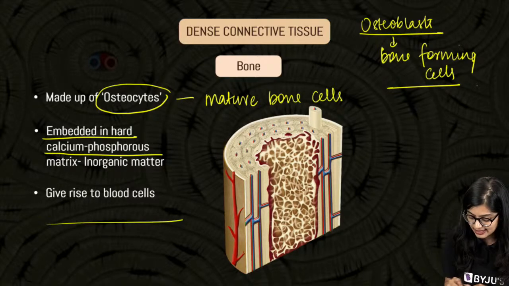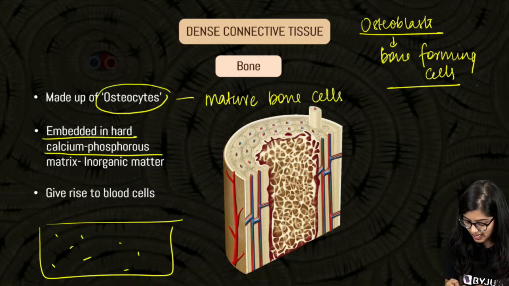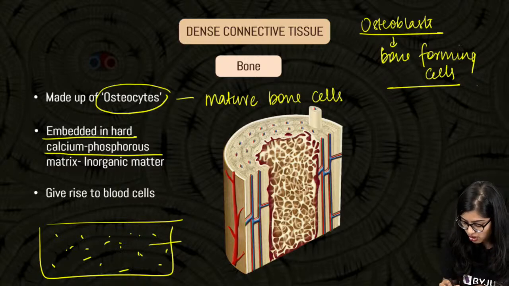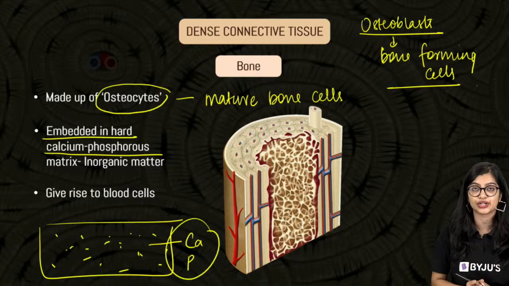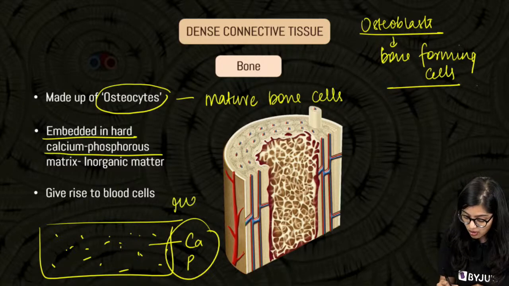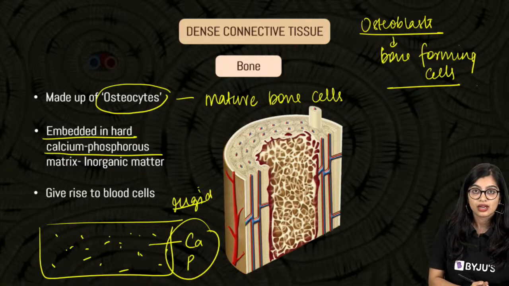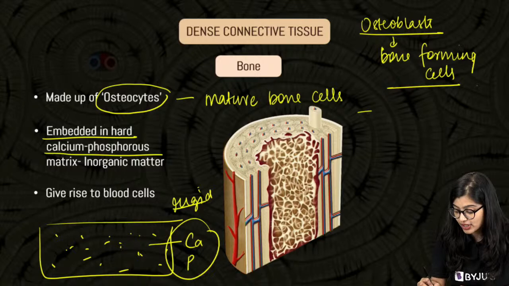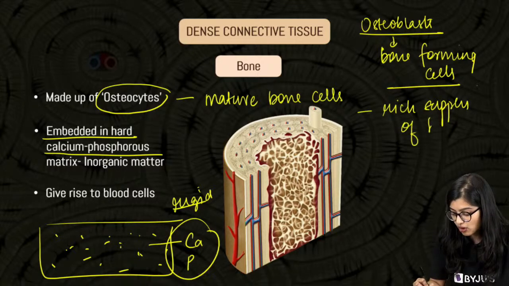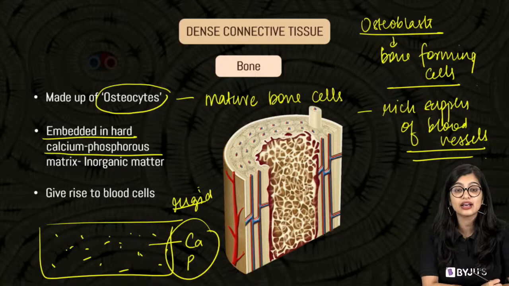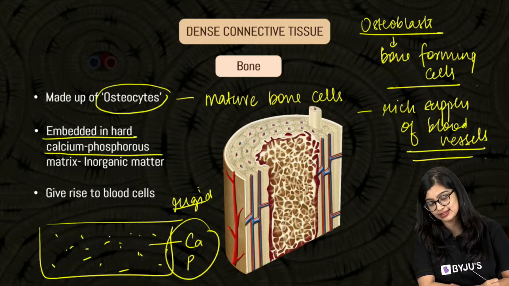So the matrix, if this is my matrix, will have a lot of depositions of calcium and phosphorus. And that is what makes things rigid. Now along with this, they also have a rich supply of blood vessels, right? So these are richly supplied with blood vessels as well.